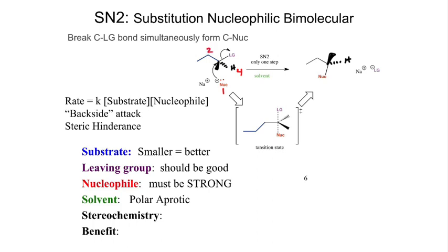CH2, priority 2. CH3, priority 3. If we move through this loop, we're going, whoops, not nucleophile. That was silly. What's priority 1 on our starting material? The leaving group. The nucleophile will be priority 1 on our product. If we move through 1 to 2 to 3, what direction am I moving? Counterclockwise, so that is S.